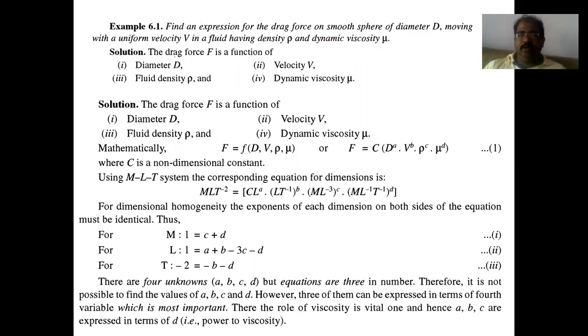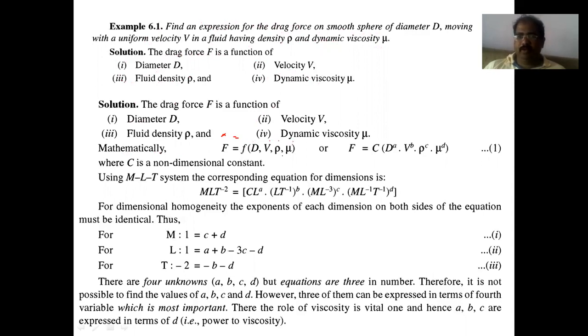So they are told that the drag force F is a function of diameter, density, velocity, and dynamic viscosity. So we write x as a function of x1, x2, x3, and x4.